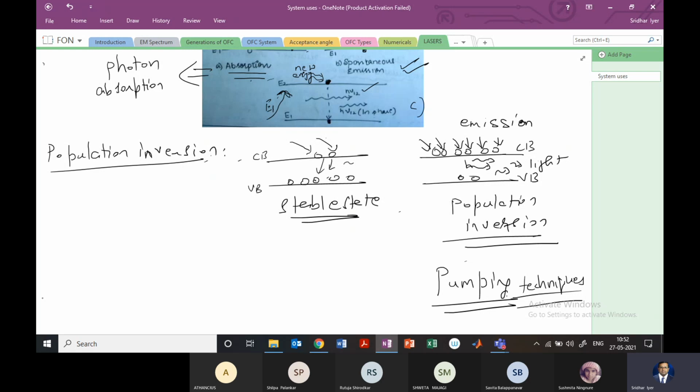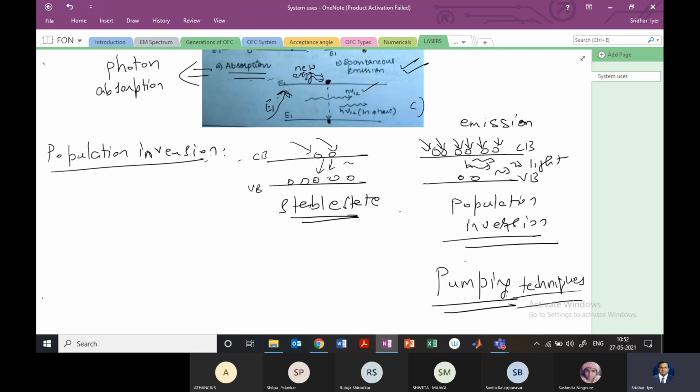So this is an important concept which we need to understand in terms of the lasers. The pumping techniques and why we are getting this population inversion are very, very important for the laser's operation.